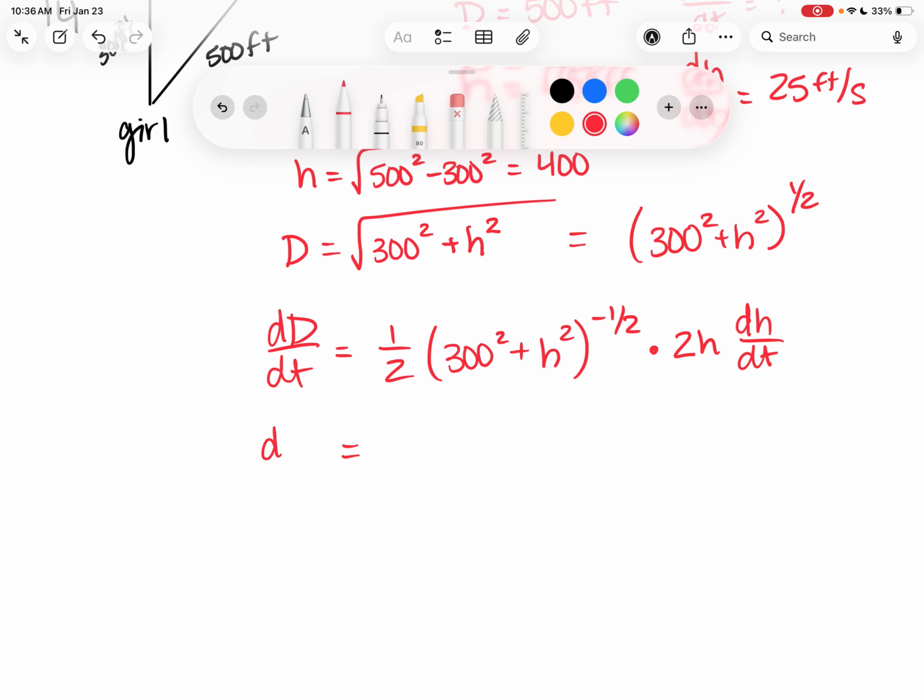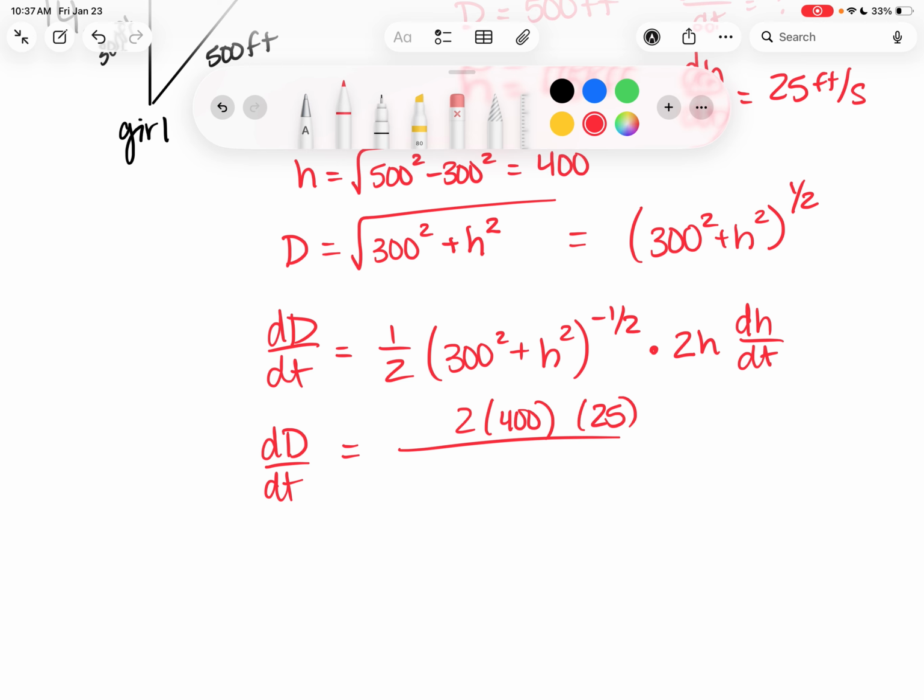So we're just going to say dD/dt is equal to, as I go, I'll put the stuff where it goes. But on the top, we would have 2 times h, which is 400, and then dh/dt is 25.